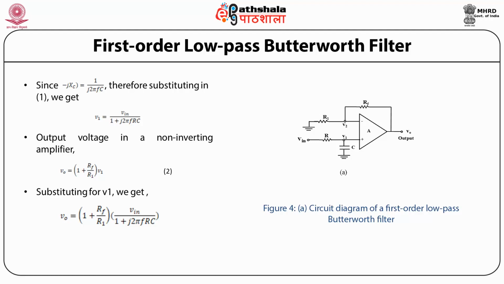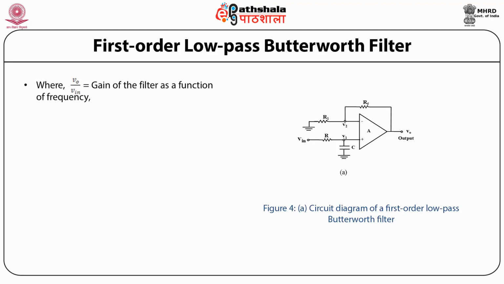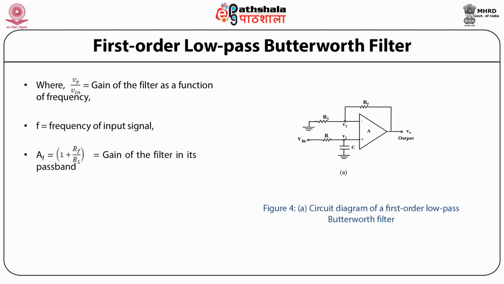So, the ratio of output to input voltage is V0/Vin = AF / (1 + j(f/fH)), where V0/Vin is the gain of the filter as a function of frequency, f is the frequency of the input signal, AF = 1 + Rf/R1 is the gain of the filter in its pass band, and fH = 1/(2πRC) is the high cutoff frequency of the filter.